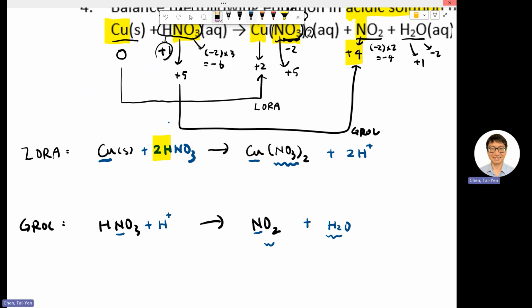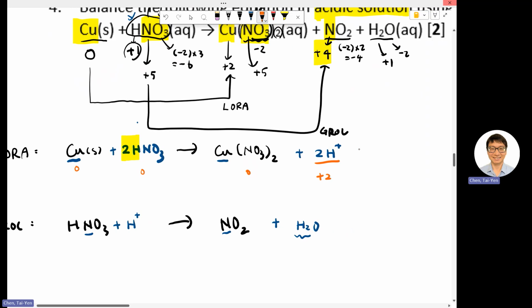Then we can move on to step number 3, which is to balance the charges of your oxidation and reduction. If you look at your oxidation, copper doesn't carry any charge, 2HNO3 doesn't carry any charge, and Cu(NO3)2 doesn't carry any charge. 2H+ carries a 2+ charge.